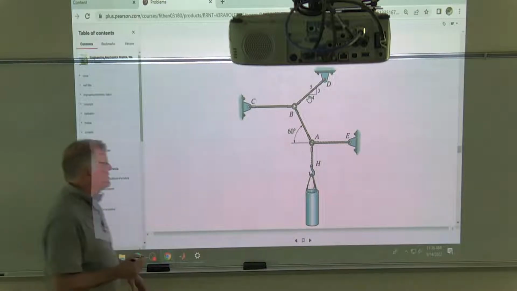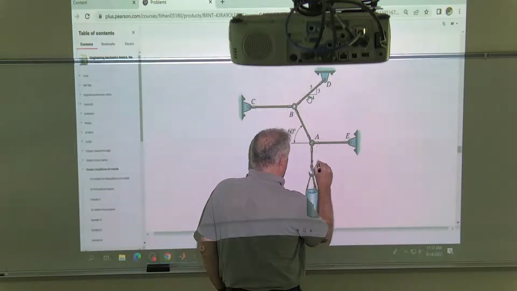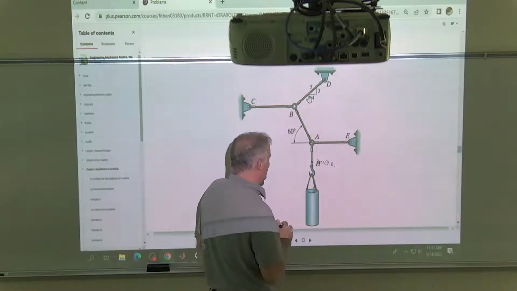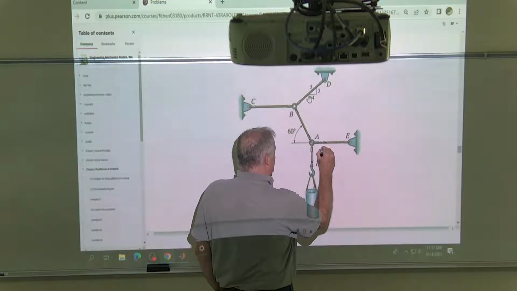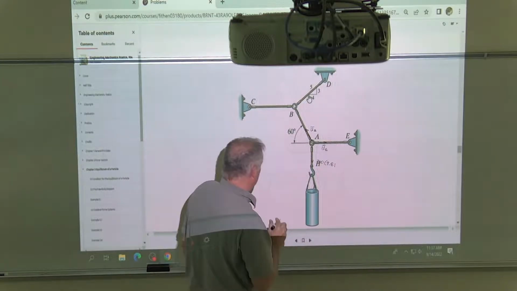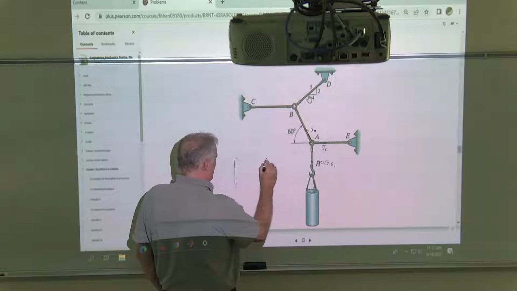So I already know this. Okay, 30 times 9.81. Okay, so what I'm going to do, I'm going to do something really weird. Here is unit vector E, and here is unit vector B. This seems weird, and I shouldn't do this. It's bad form.